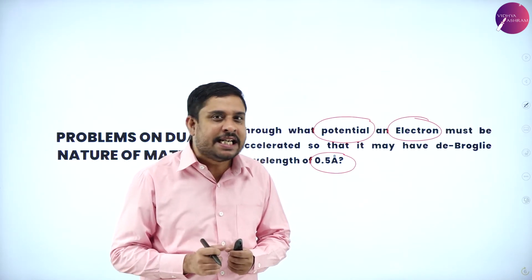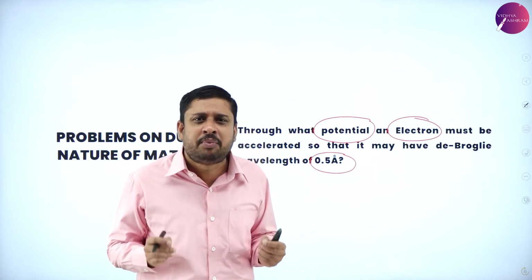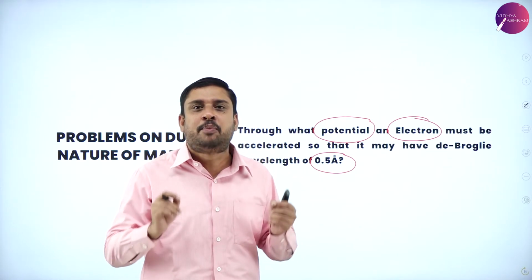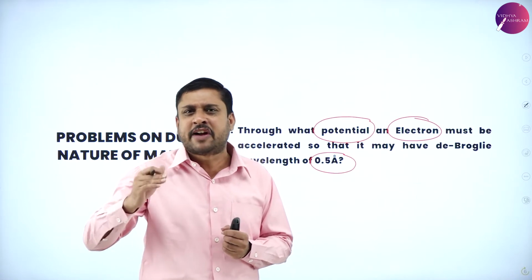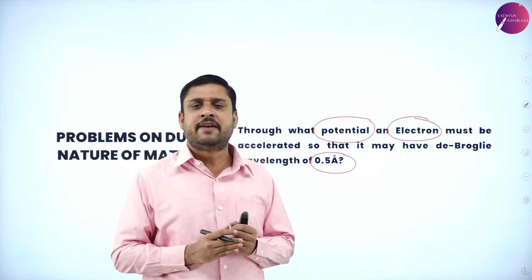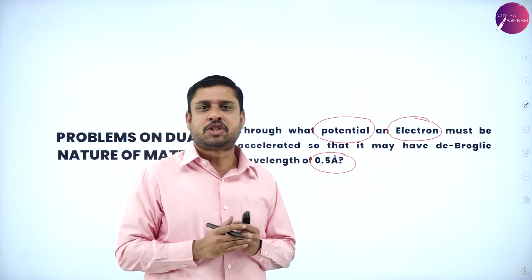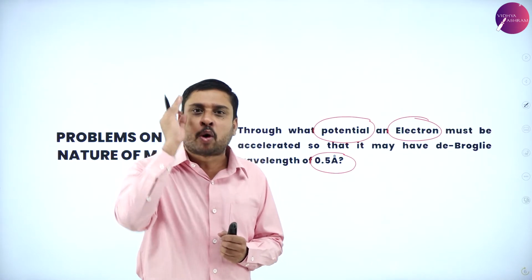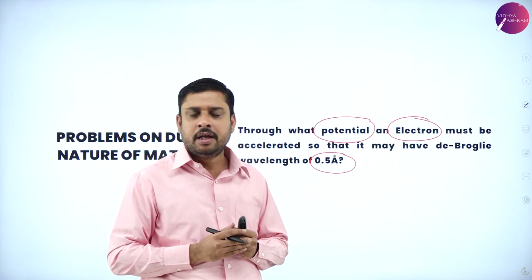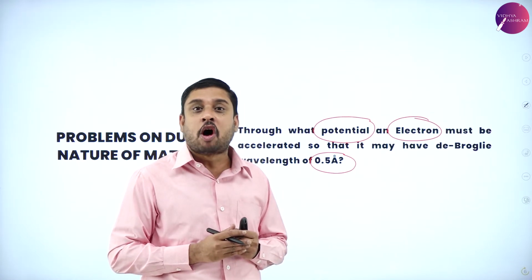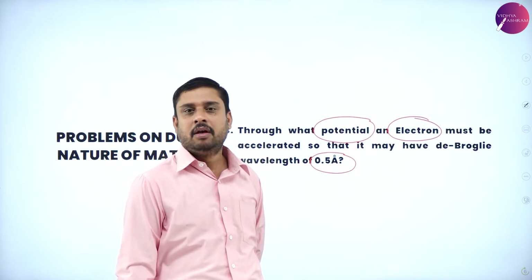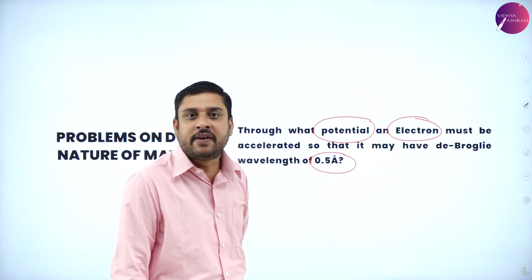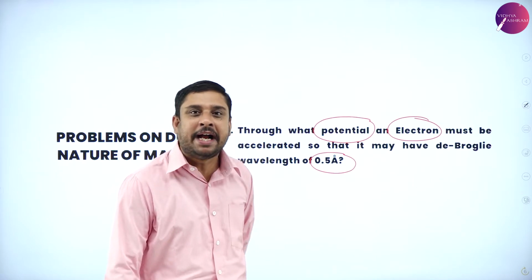If you religiously follow, these problems are simply expressing de Broglie wavelength in different forms: in terms of kinetic energy of electrons, in terms of potential applied, in terms of thermal energy. So this is very clearly equating de Broglie wavelength with the applied potential.